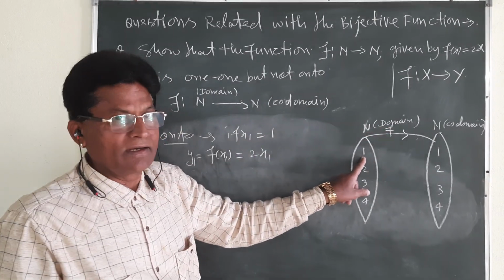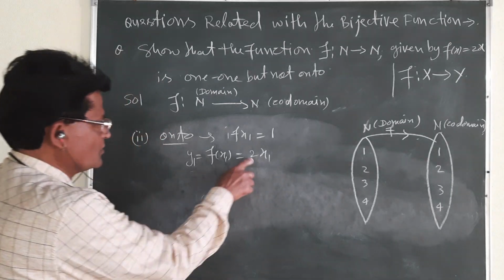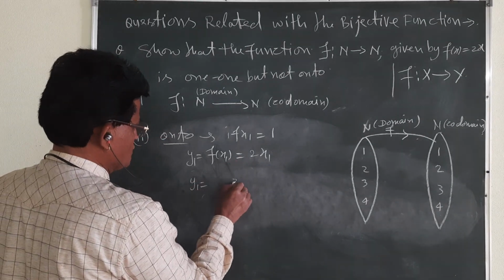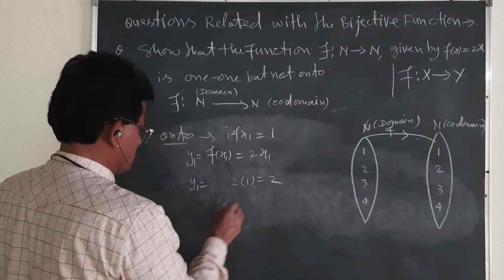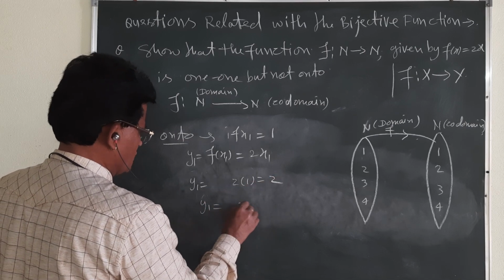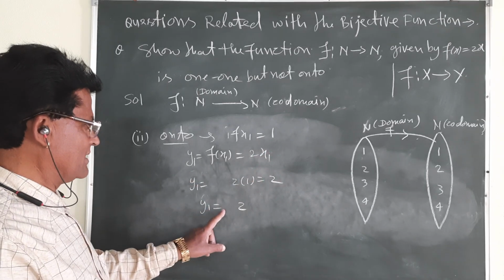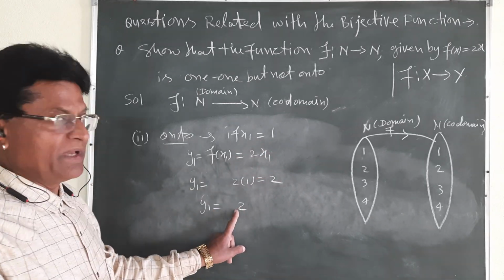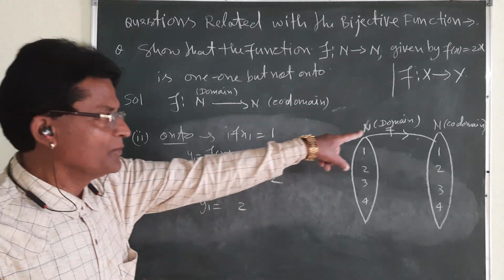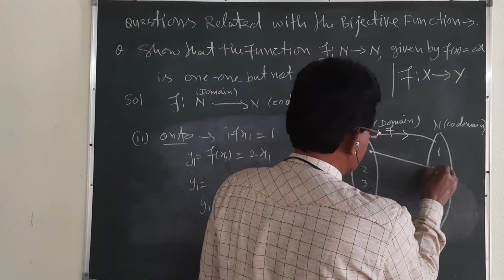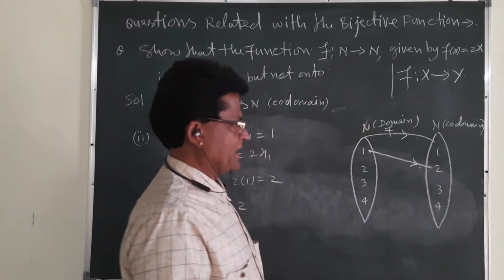This is x1, y. You substitute the value of x1 and get the value of y1. That is 2 into 1, that is 2. Means y1 is equal to 2. If x1 is there, then 1 will form the image with 2 in y, in the codomain.